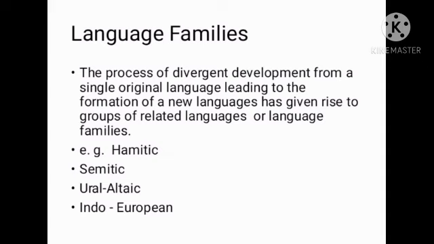When two languages have evolved in this way from a single earlier language, we can say that they are related. Or we can say that the process of divergent development from a single original language leading to the formation of new languages has given rise to groups of related languages or language families. For example, Hamitic, Semitic, Ural-Altaic, and Indo-European are examples of such language families.